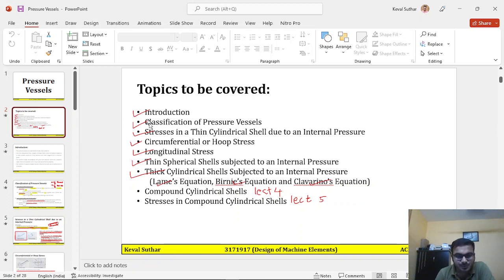We have discussed both. Then we moved to thin spherical shells subjected to internal pressure, and the last topic which we discussed was the thick cylindrical shells subjected to an internal pressure. Here we have discussed Lam's equation, Bernoulli's equation, and Clavrino's equation.